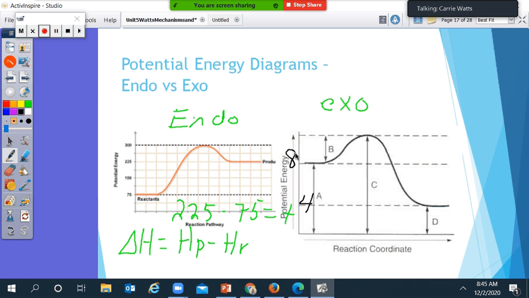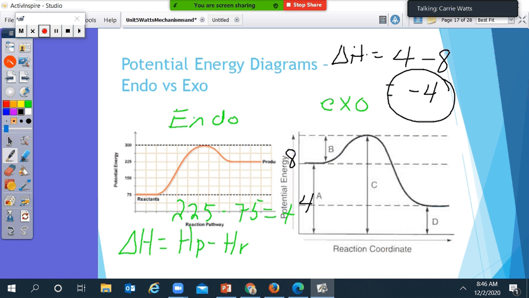So if you're doing your delta H, it's going to be 4 kilojoules minus 8, which is going to be a negative 4. So you can see that this reaction on the right is exothermic. The products are lower than the reactants. Still got a positive activation energy though. So there's your activation energy in both.